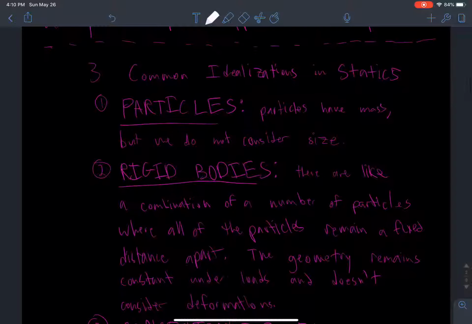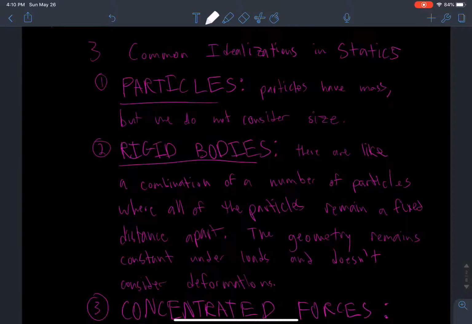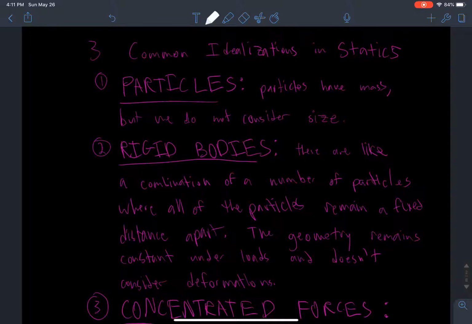As the dimensions go up, it gets more complicated, and you might have to rely on rigid bodies instead. So in dynamics, when you have an object that is translating and rotating, then you might have to start dealing with rigid bodies. Or if you have forces that don't have the lines of action each going through the same point.